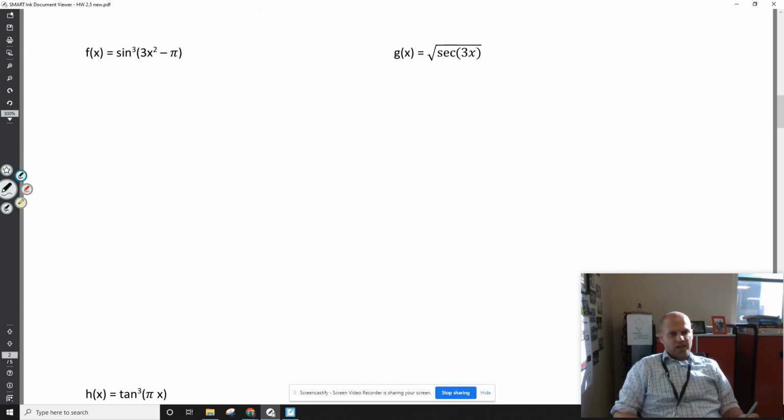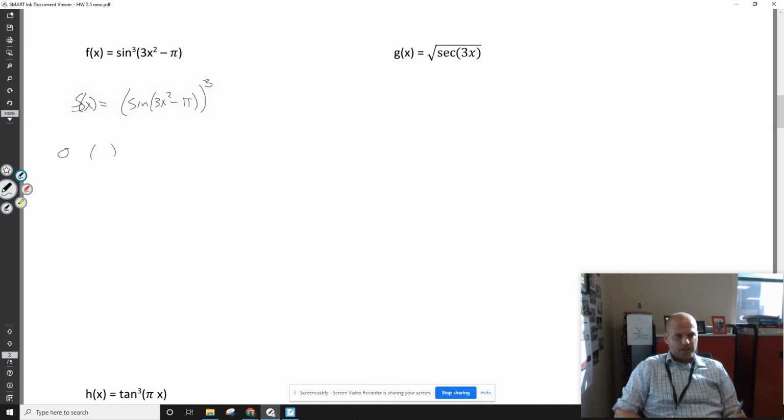Now what we see for the next 4 are a composition not just of 2 things, but of 3 things. After rewriting f, because it's sine cubed, I realize this is the sine of 3x squared minus pi, all being cubed, which means we not only have an outside, but we also have a middle.